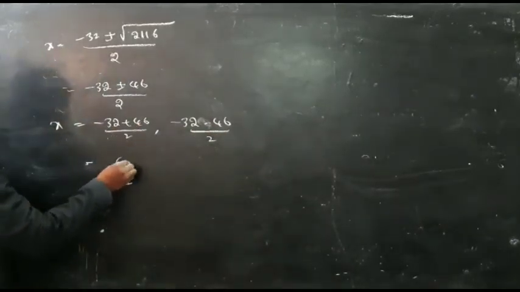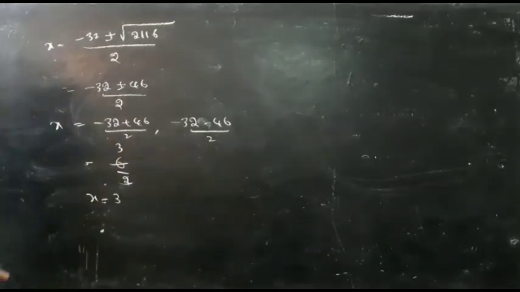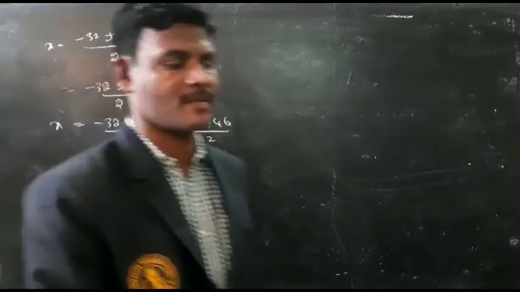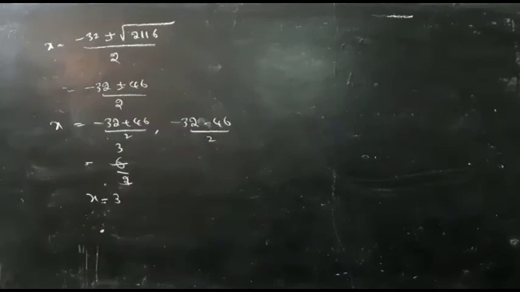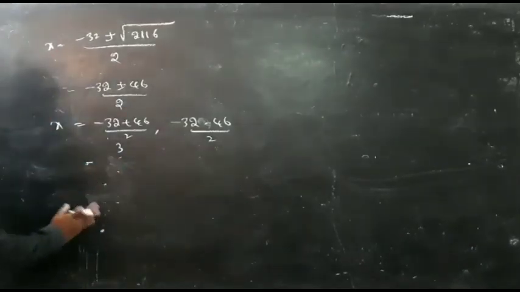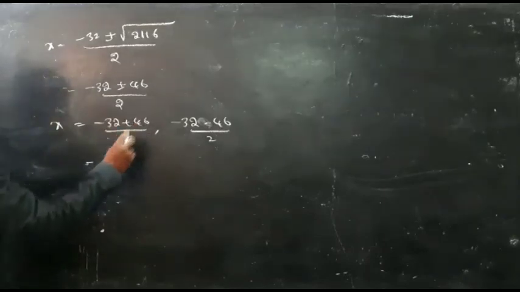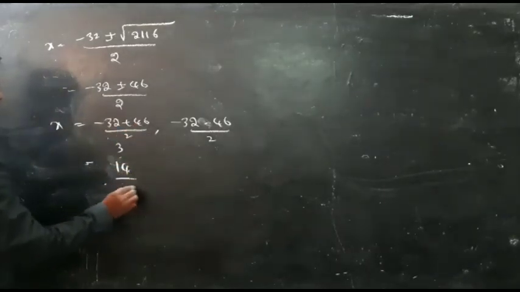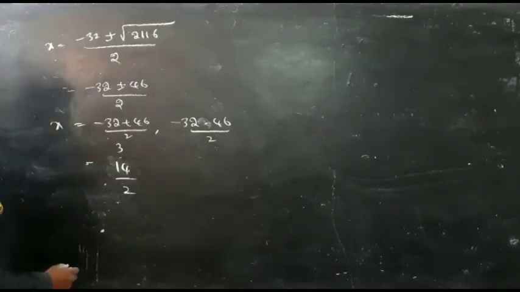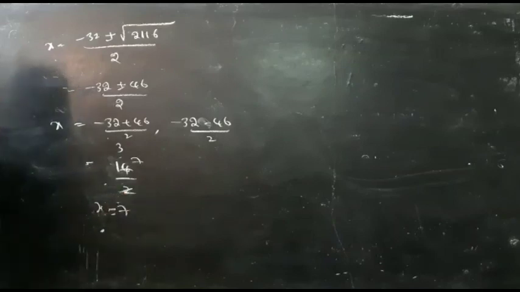Minus 32 plus 46 is 14, by 2, so x is equal to 7.